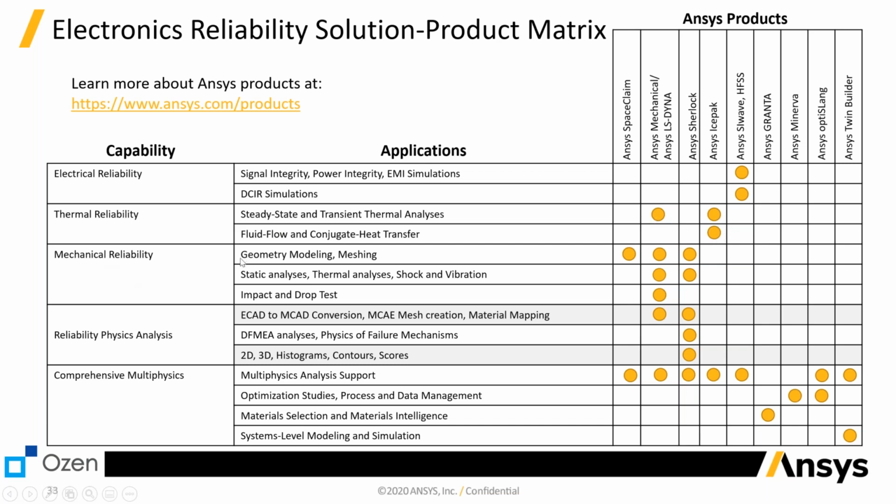And today, we talked about mechanical reliability, where ANSYS Mechanical, ANSYS Sherlock, and ANSYS Elastica come into the picture. Next week, we will be talking about comprehensive multiphysics, where we are going to talk about how Elastica works with Sherlock, how it works with IcePak, and how it works with SIwave.